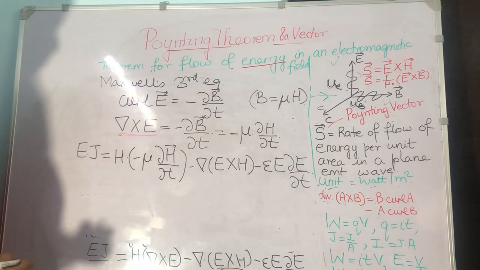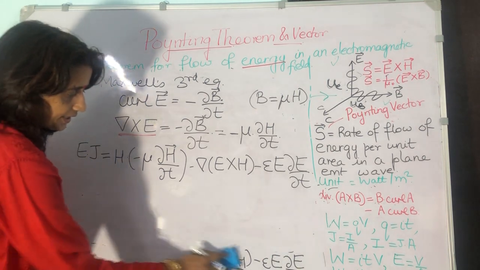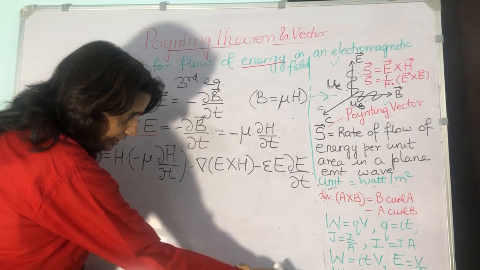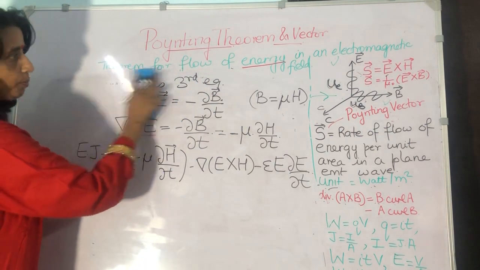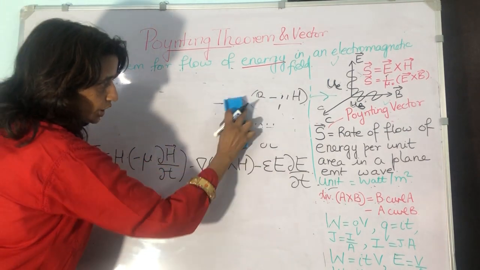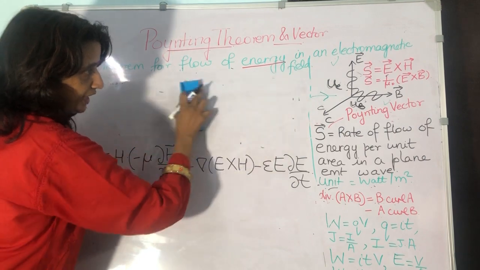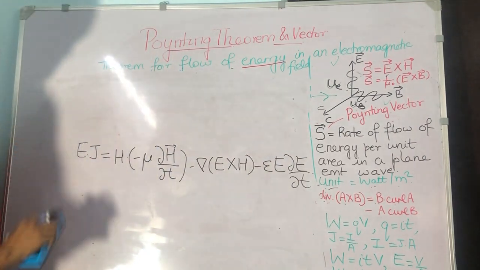Right? Now, we are going to play one more trick. What is the trick here? The trick is that we are dealing with Poynting theorem or Poynting vector, which is talking about the flow of energy in electric and magnetic field terms.